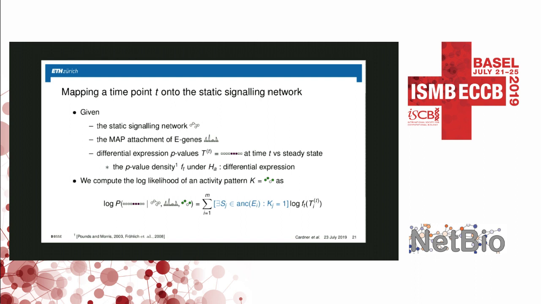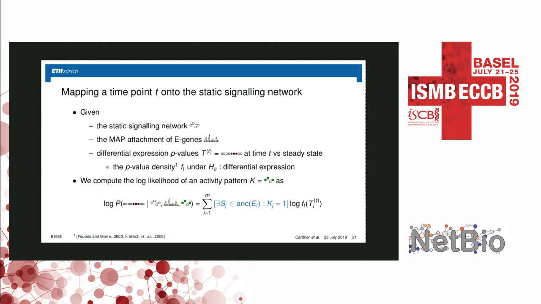And from that profile, we can fit and estimate the density function of the alternative hypothesis of p-values, which we use later on. And now the purpose is to be able to compute the log likelihood of an activity pattern that I'm going to call K. So K is really just a binary vector telling you which node is active, which one is not.